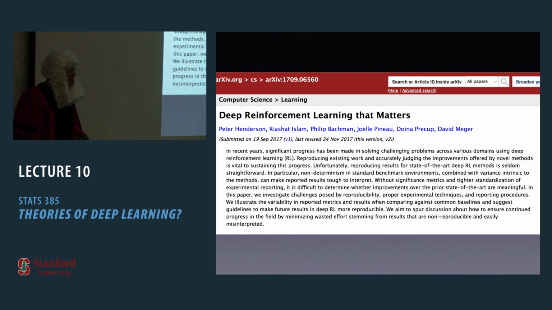but this one considered reinforcement learning and again talked about the lack of reproducibility in the field and the lack of consistent ways of measuring progress, and promoted the idea of doing things with reproducibility, following experimental techniques, so that actually we would know whether reinforcement learning was seeing progress or not.